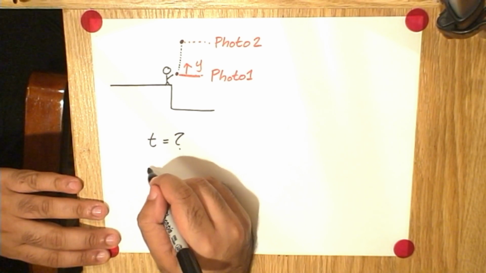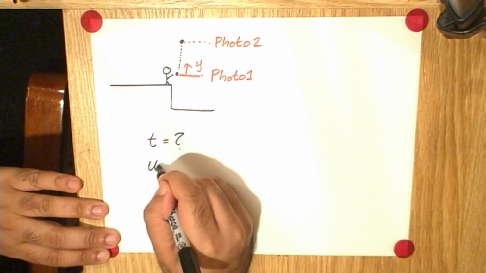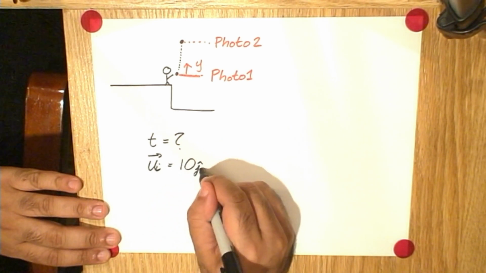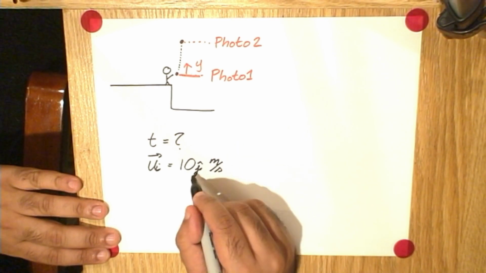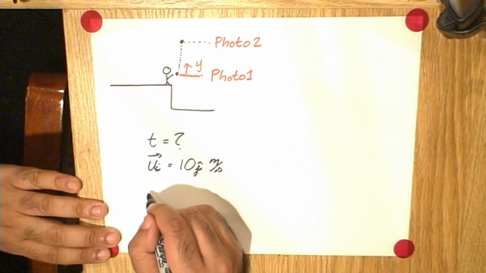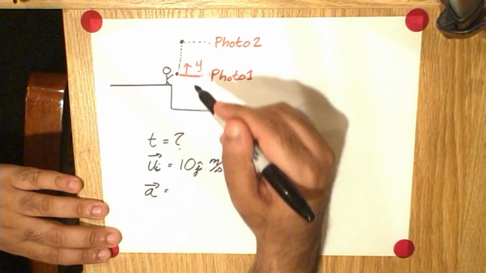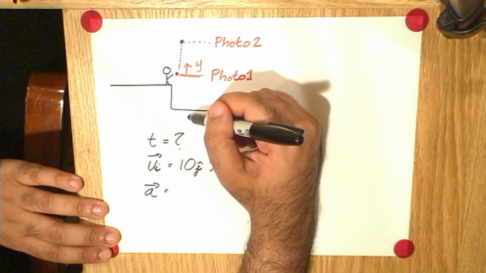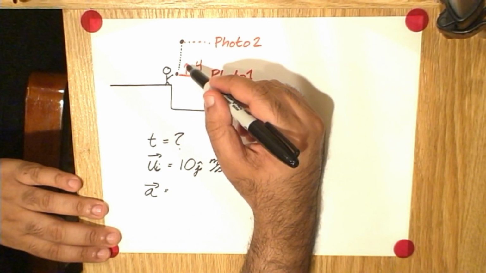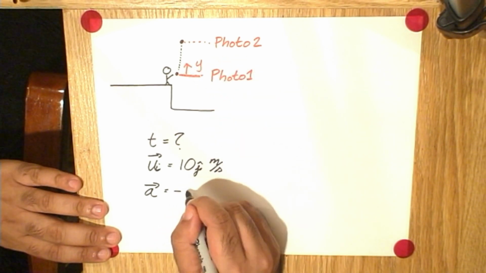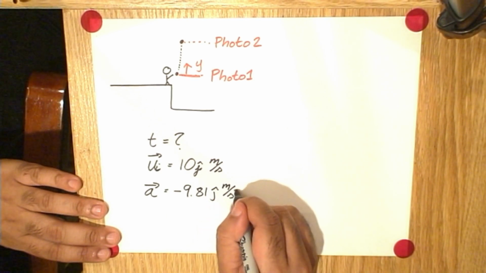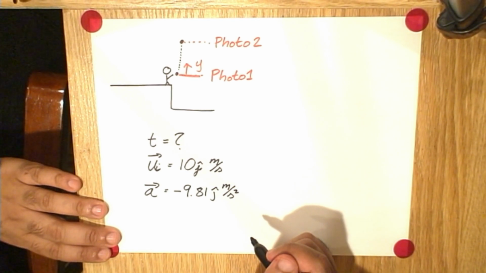However, we do know that it was initially launched at 10 meters per second upwards, and this would be in the j direction because it's along the y-axis. The acceleration, even if you're throwing it upwards, is still towards the center of the Earth, but towards the center of the Earth is downwards. Since we set our axes as upwards, positive y is upwards, that means the acceleration is negative 9.81 j hat meters per second squared. We just need one last piece of information.